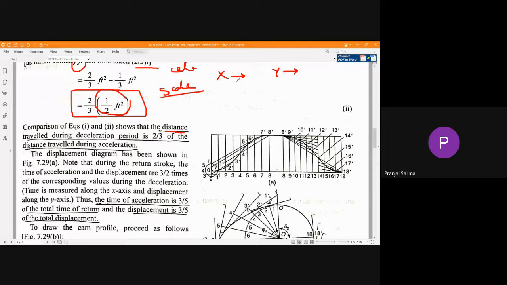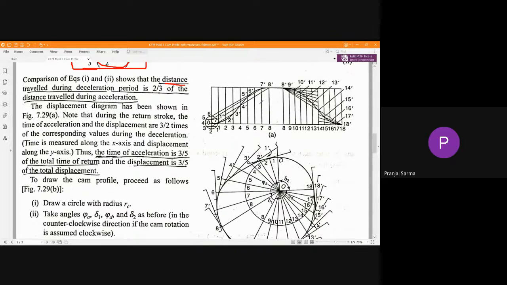We know along the x-axis this is the angular displacement, or ultimately in terms of time also you can say, theta, and along the y-axis this is the displacement of the follower, or the lift.